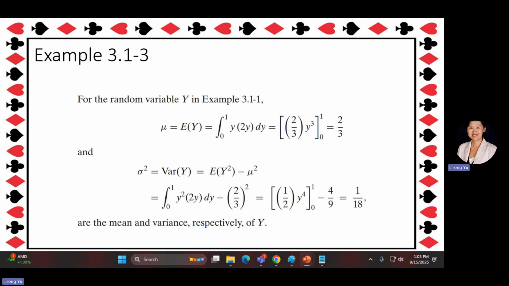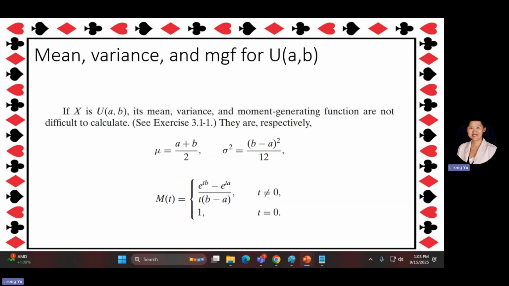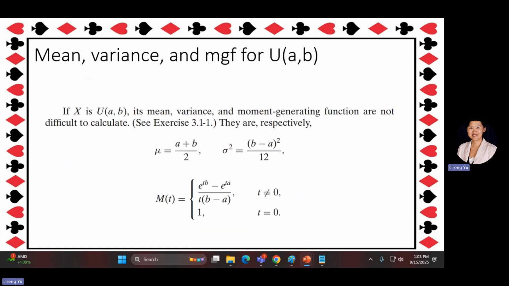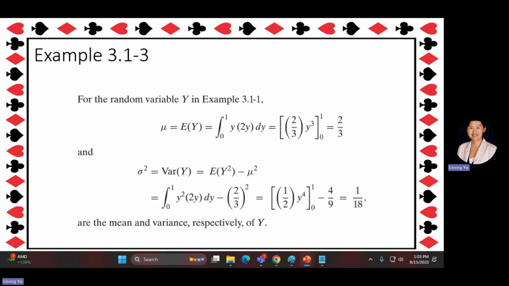Okay, then let's talk about the example that we had earlier, which is this one. Given the density, we want to find the expectation and the variance. Here are the calculations. To find the expectation, E of y is y times the density of y. The density of y is 2y, so we're integrating 2 times y squared. If you integrate it, it is 2 times y cubed over 3.